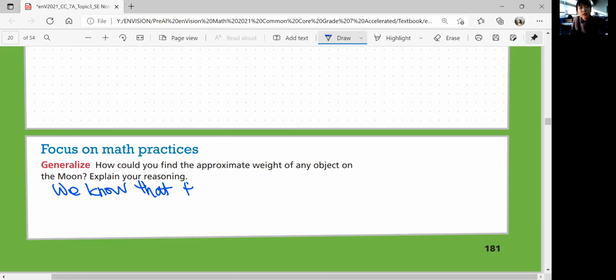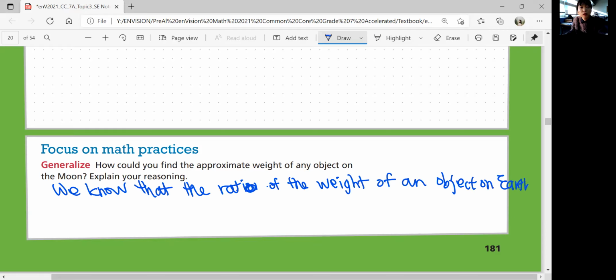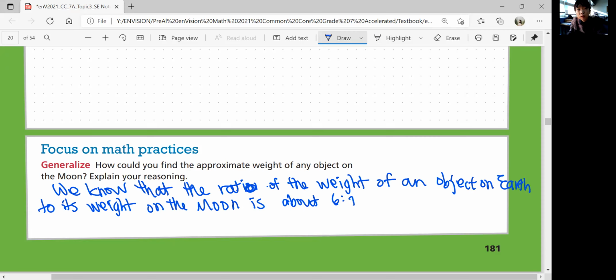We know that the ratio of the weight of an object on Earth to its weight on the moon is about 6 to 1, or 6/1.